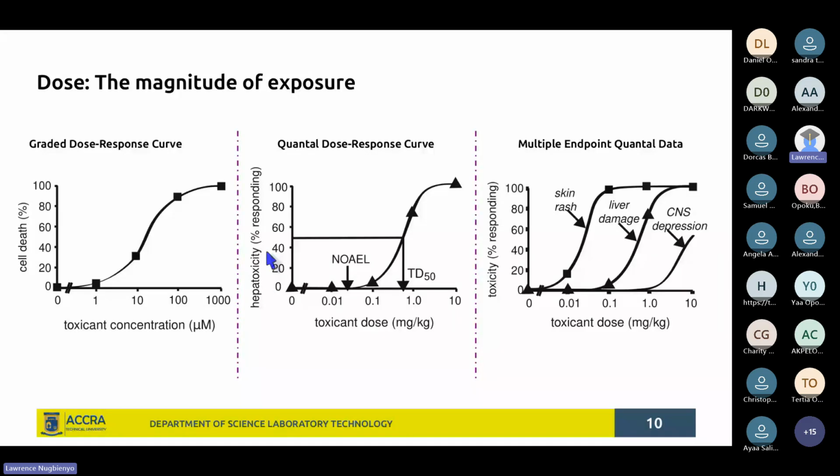So you are taking a certain group of people, a population, and you are looking at the effect of the substance on the liver, and you see there is a value we refer to as the TD50.